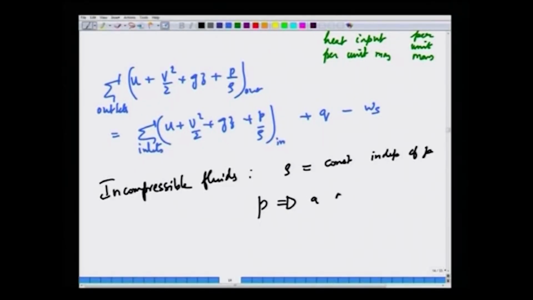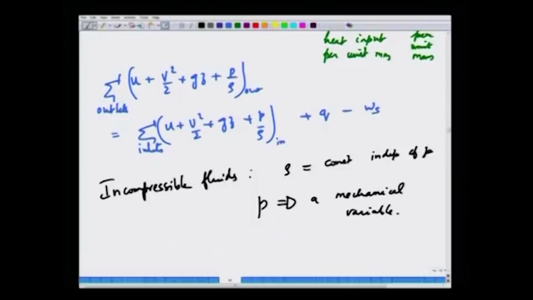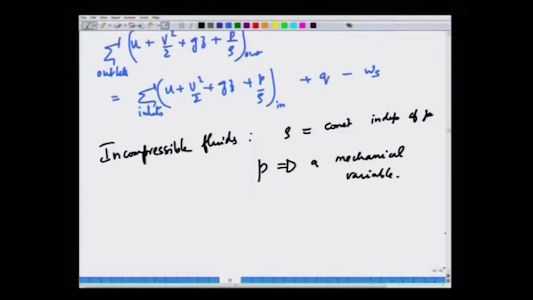So, the pressure becomes a mechanical variable, it is no longer a thermodynamic variable. Since pressure changes do not alter the density of the fluid, you cannot take the pressure to be a thermodynamic pressure, it is simply a mechanical pressure. So, it is often convenient to keep all the mechanical quantities together and to move the thermodynamic quantities aside.